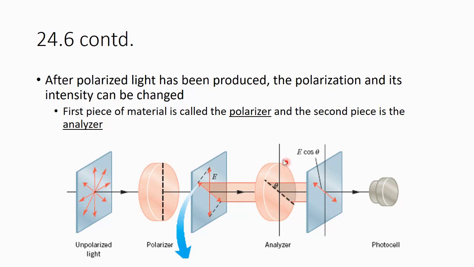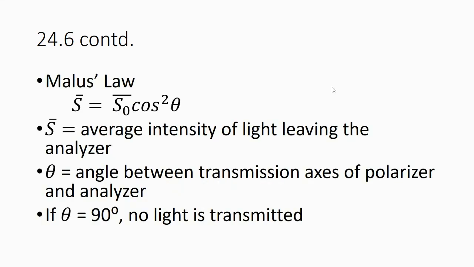The second one is always called the analyzer though. That now is going to only let light at this angle go through. And then maybe you have a photocell or something there. So you're using these polarizing materials in order to get the intensity and orientation of light exactly how you want it so that you can take a picture, do whatever you're trying to do.